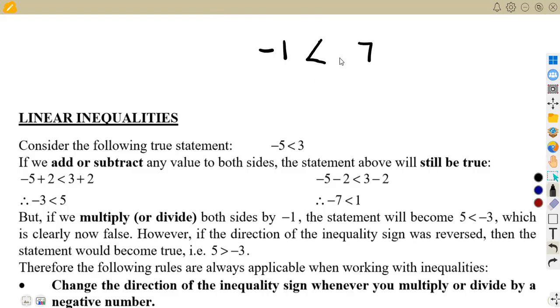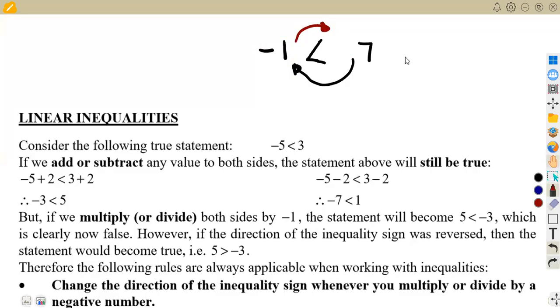-1 compared to 7 is smaller than. 7 is pointing to 1, so it means 7 is bigger than 1, or 7 is larger than 1. But reading from -1 going to 7, we are saying -1 is less than 7, because it's the one that is being pointed.